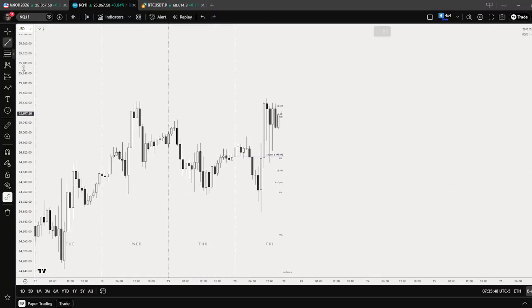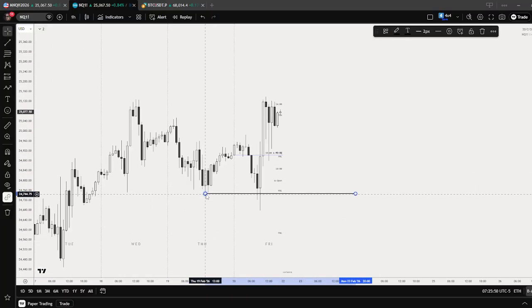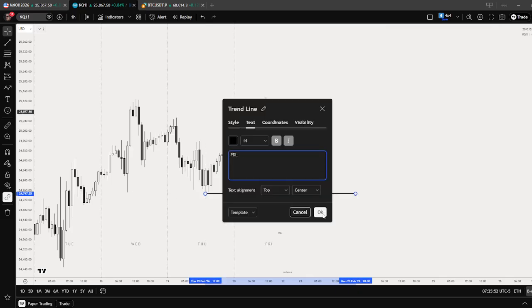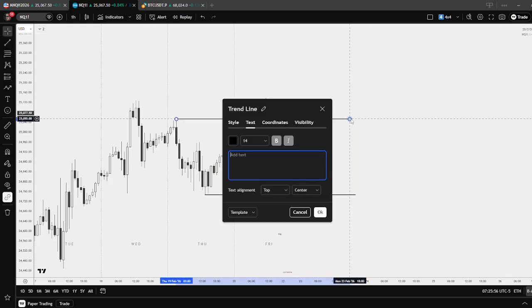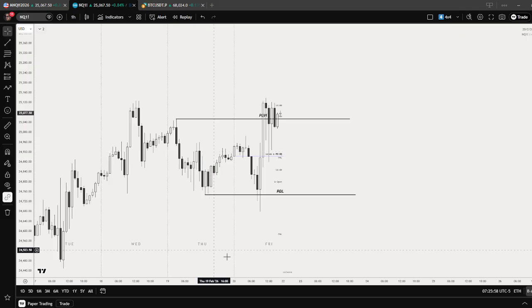Take a look. We purge the previous day low and we reverted to the previous day high. Beautiful.